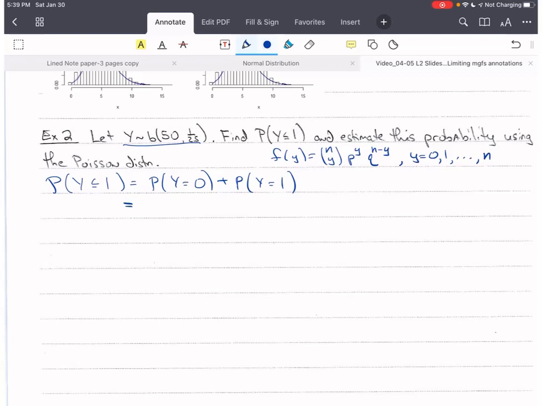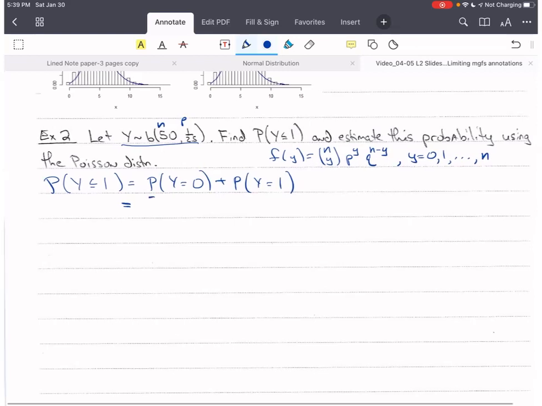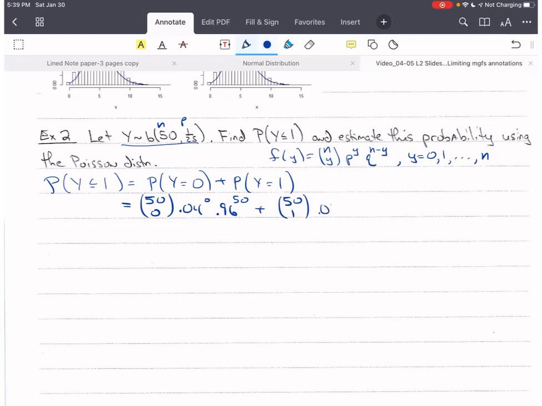Now I'm going to plug in here, and n is 50, p is 0.04, so 1 divided by 25. Make sure I'm right, yes, 0.04. So I have 50 choose 0, and then I have 0.04 to the 0, 0.96 to the 50, plus 50 choose 1, p is 0.04 to the 1, 0.96 to the 49, okay?